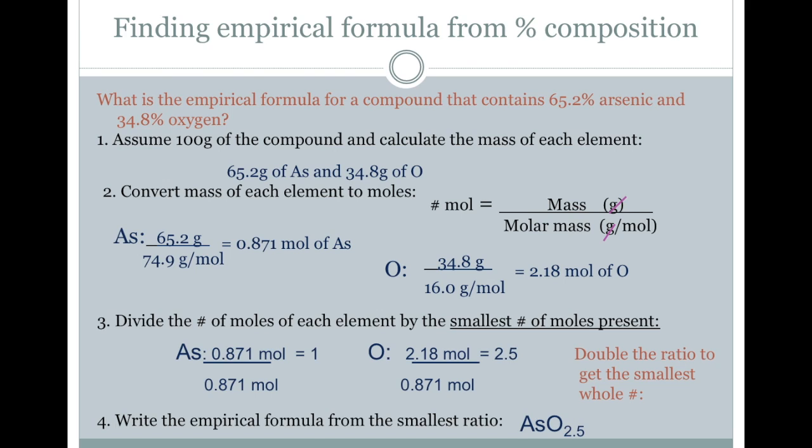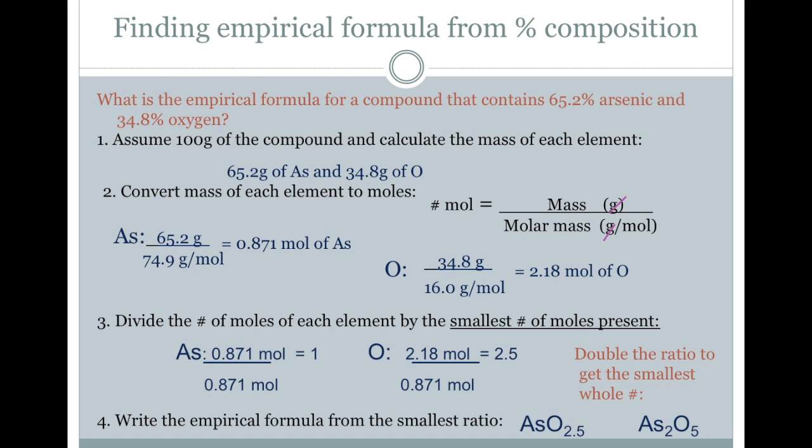Now we can't have half an atom, so what we have to do is double this. For our empirical formula, we're going to double, so it's As2O5. When you do these, you should always eventually end up with a whole number ratio, and if it is a compound, that's always going to happen.